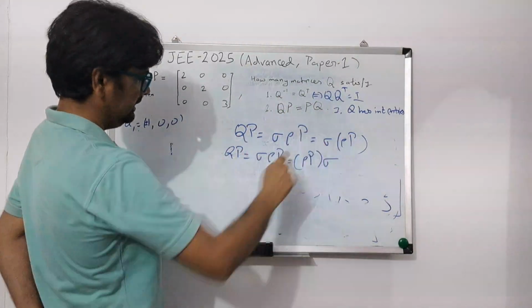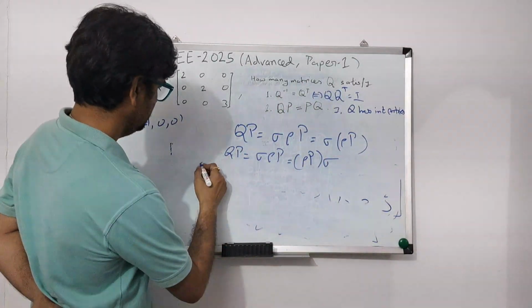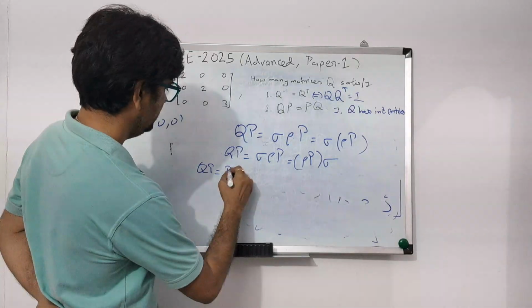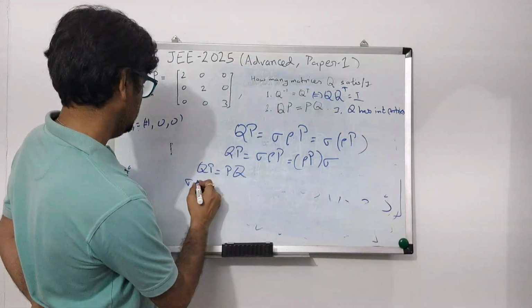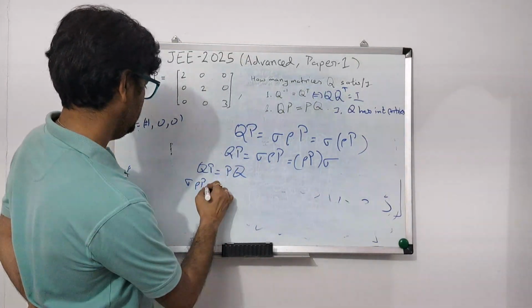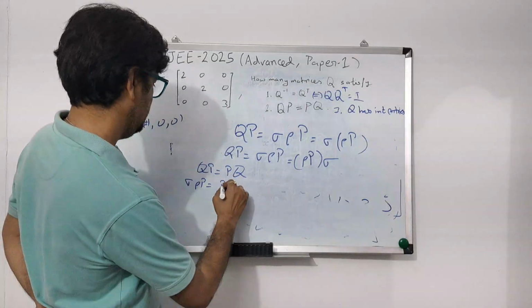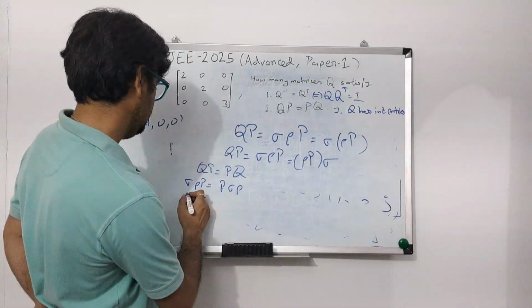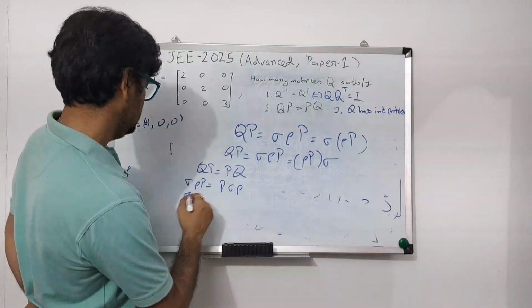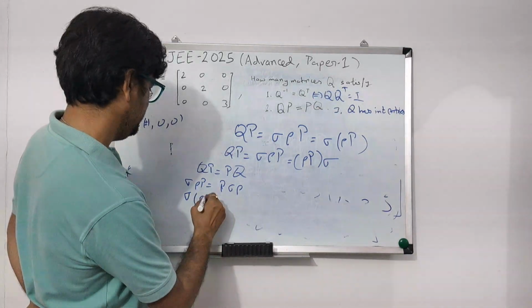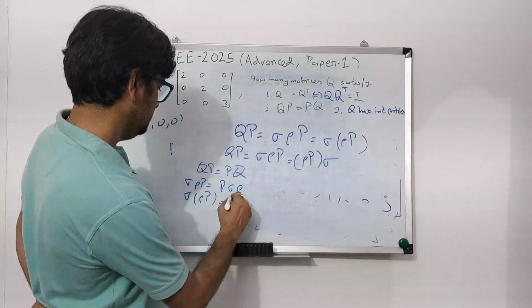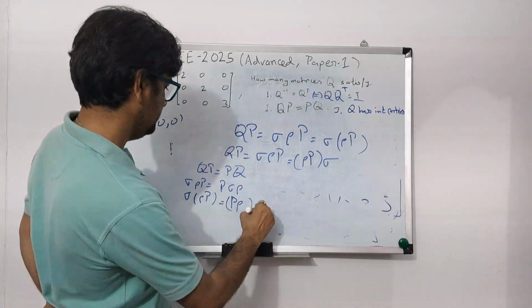So this actually says QP equals PQ, that is sigma rho P equals P sigma rho, that is sigma rho P equals P rho sigma.